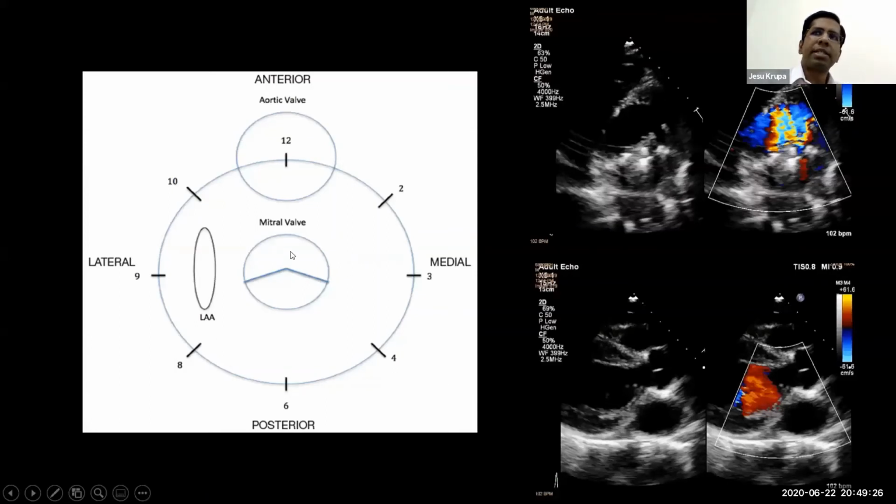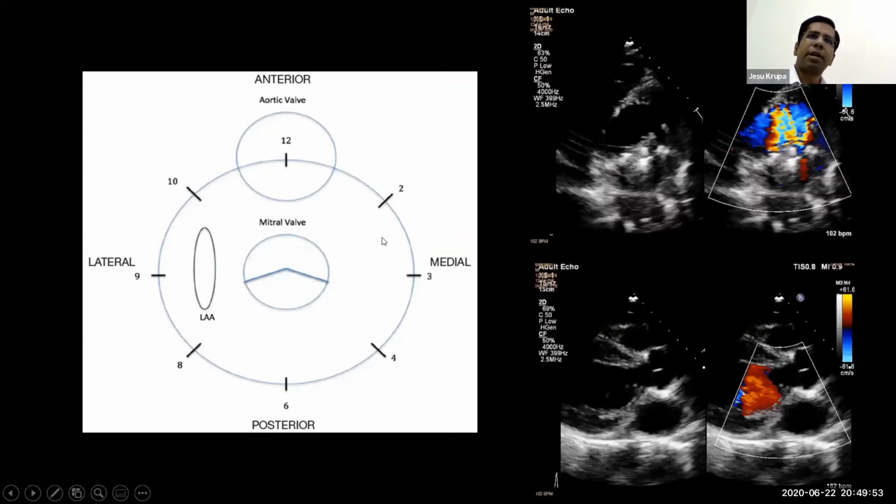That is quite easy to do with a transesophageal echo or a 3D en-face view. But even in transthoracic views, we can attempt to do that by taking many things into consideration. So for example, transthoracically, we are looking from the LV aspect. Here we are looking from the LA aspect, which means we are looking from the top as far as this picture is concerned.